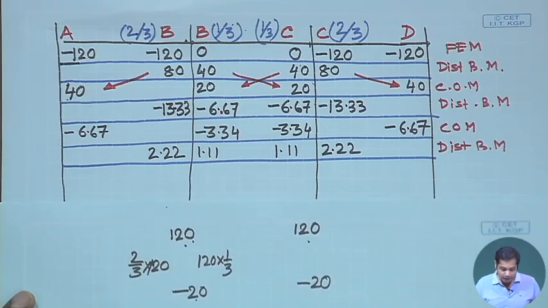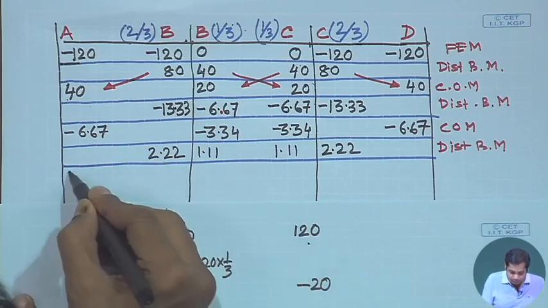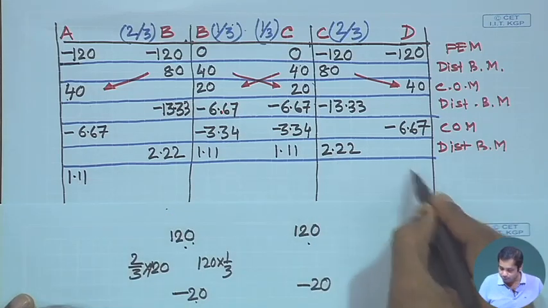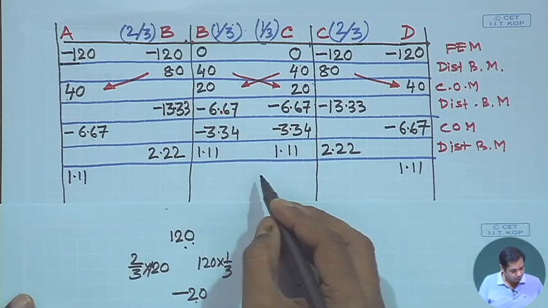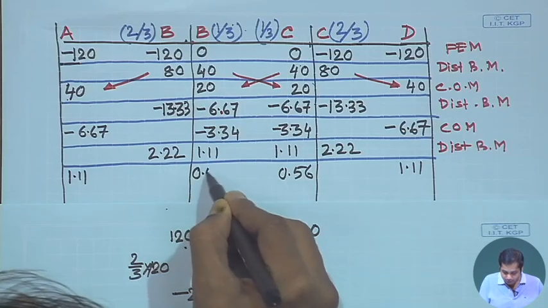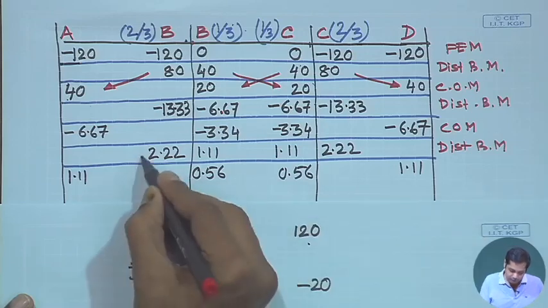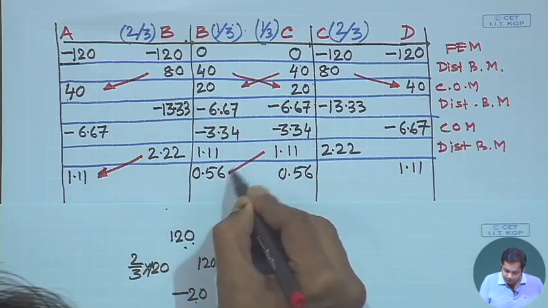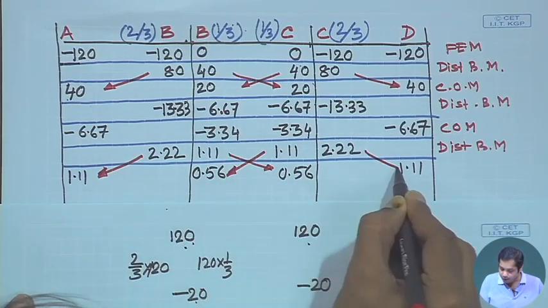Again that will be carried over, and this becomes 1.11 will carry over, from here it is 1.11 will carry over and from here it is 0.56 and 0.56 will carry over. These are all carried over moments.